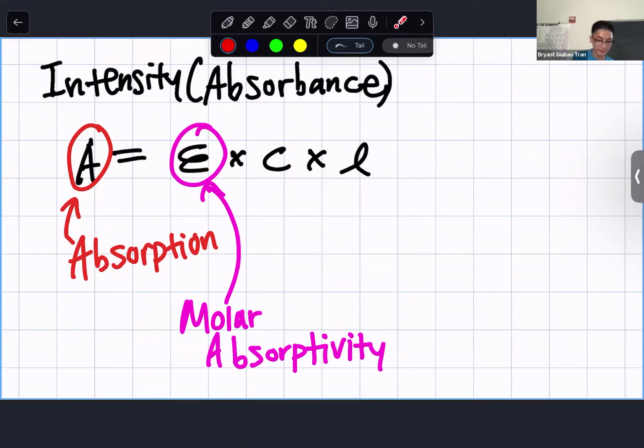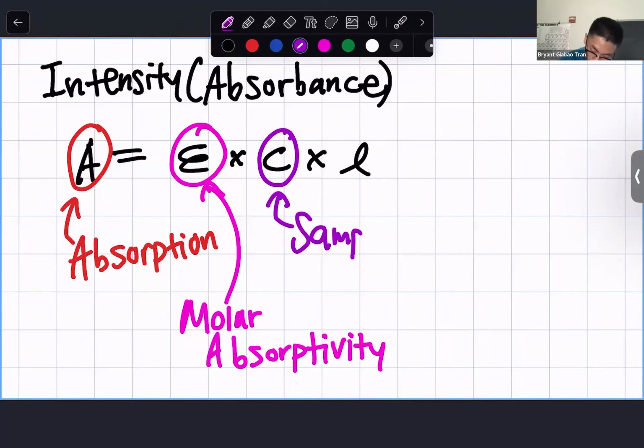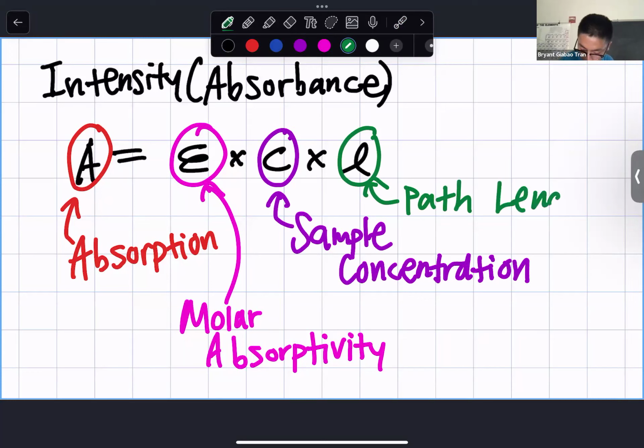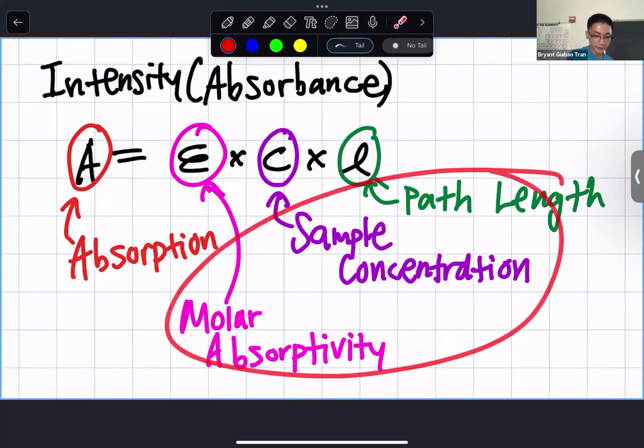It's a constant, and it's basically saying how much light it can absorb. Some molecules have high molar absorptivity, meaning that they can absorb a lot of light. Some molecules have low molar absorptivity, meaning that they can absorb less light. C is going to be your sample concentration. And then L is going to be your path length, the amount of length that it takes for the light to hit the molecule. So the intensity depends on all of these three factors here.